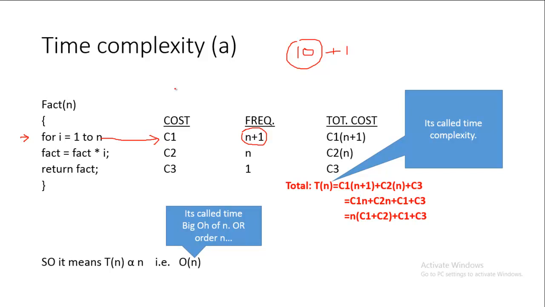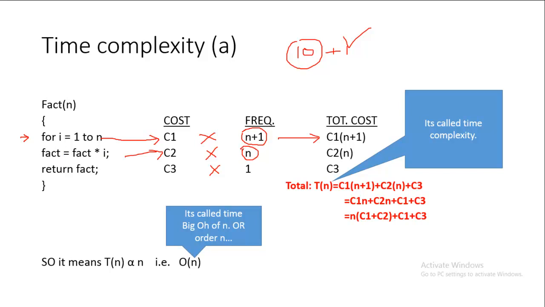So we can say the outer loop is executing n plus 1 times. Well, the next step is the total cost, so you have to multiply the cost with the frequency, and similarly for step 2, its cost is C2, and keep in mind the body, the part inside the for loop, that is fact equal to fact multiplied by i. This is n.